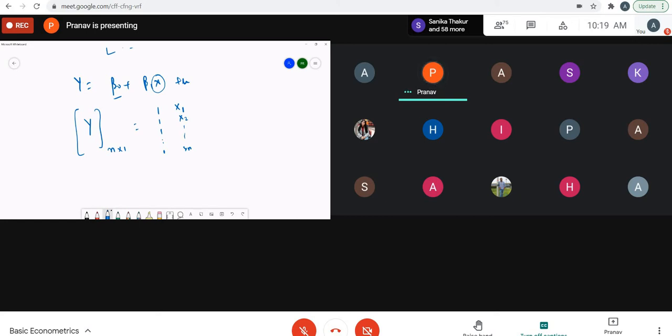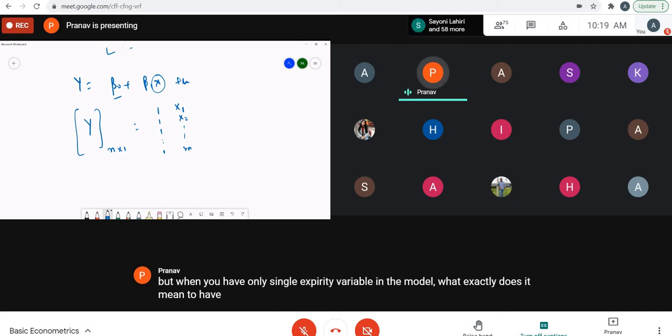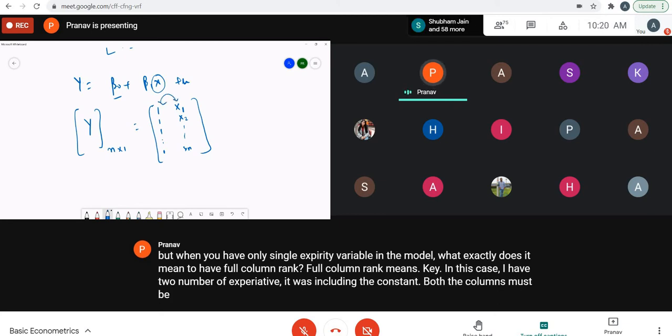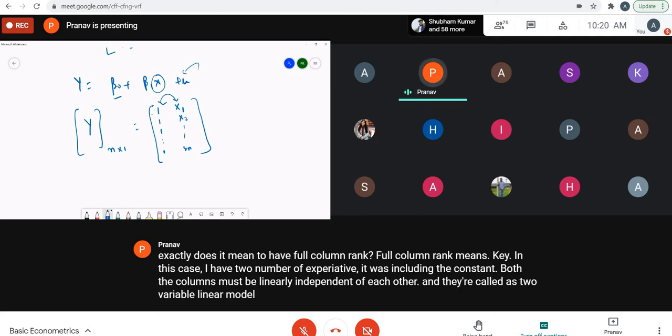Now when you have only a single explanatory variable in the model, what exactly does it mean to have full column rank? Full column rank means that in this case I have two explanatory variables including the constant. Both the columns must be linearly independent of each other. And it is called a two-variable linear model because there are only two variables involved, y and x.